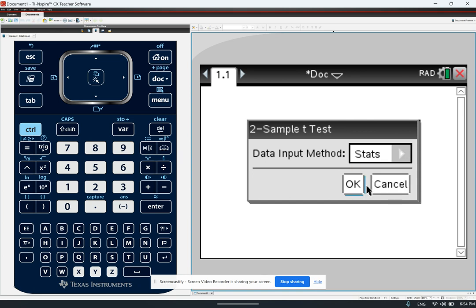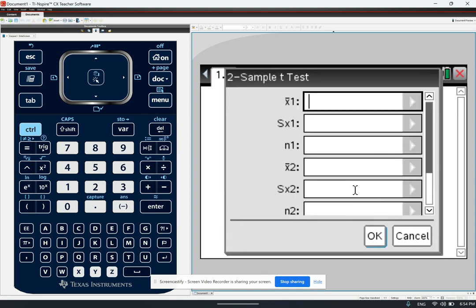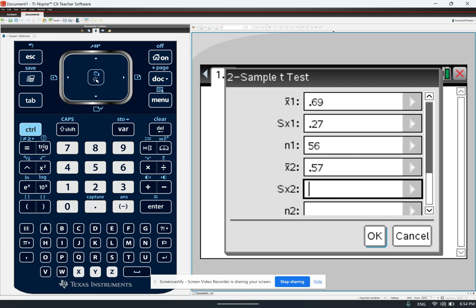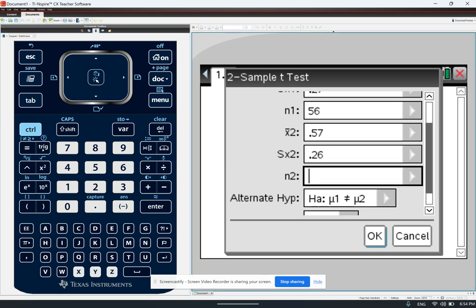And we're going to be inputting summary statistics in this problem and hitting OK. Make sure you're following the same way you substituted in the formula. So I did 0.69, and the standard deviation was 0.27. The sample size was 56. For the second one, it was 0.57, a standard deviation of 0.26, which was slightly less, and a sample size of 56.